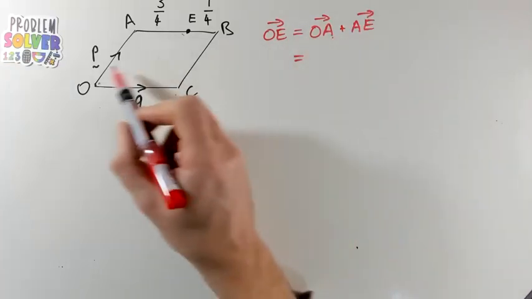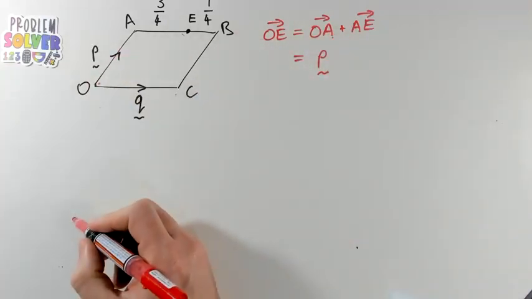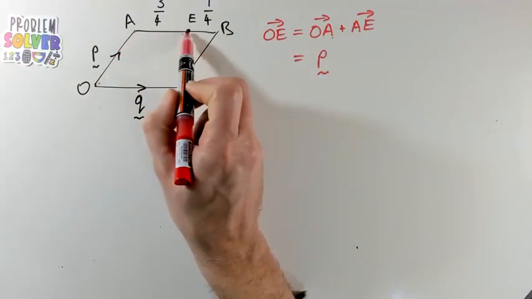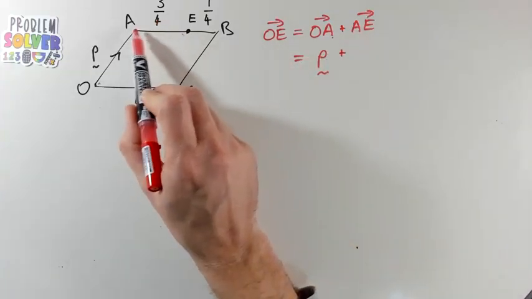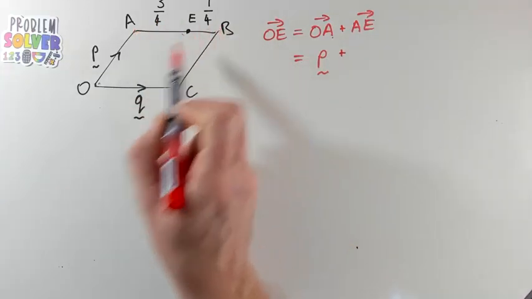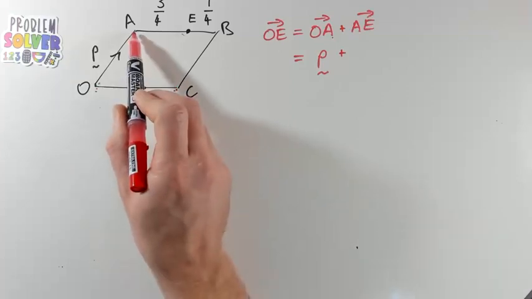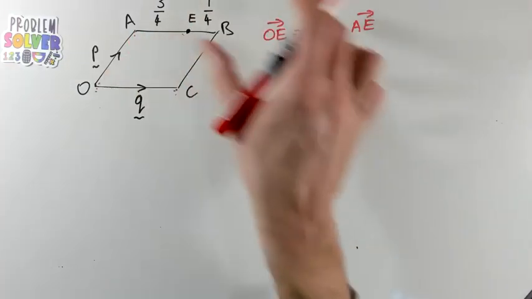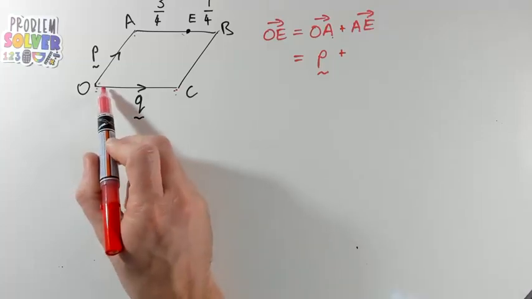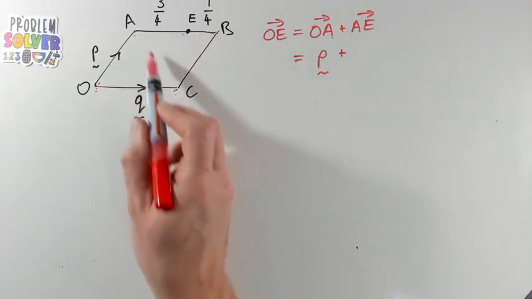So OA I have, that's just pretty much P. And then AE is 3/4 of AB. Now I don't really have AB, but I have OC, and I know OC is going to be the same as AB, because vectors, like we said, it doesn't matter where they are. I know these 2 lines are parallel, and they're the same length.